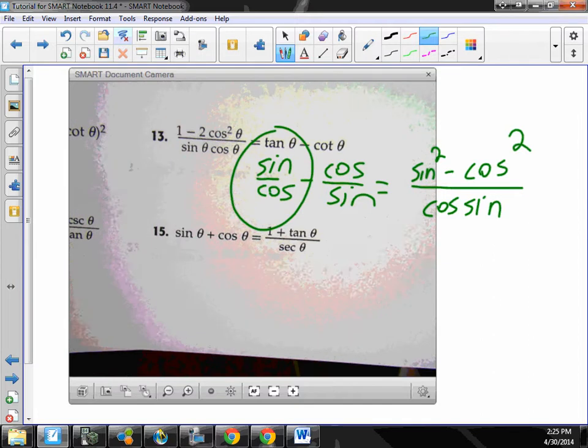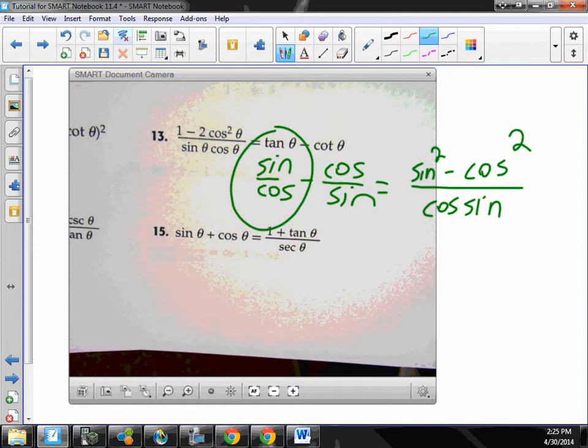Well, do you see any of those on the formula sheet? You don't see sine? Right, okay, good. Sine squared plus cosine squared equals 1, but we don't have that, so don't use it.